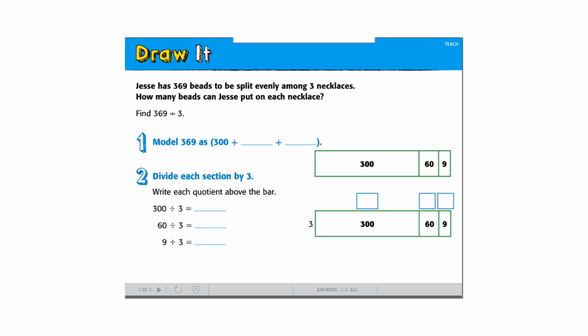So, one person in the room may want to draw pictures. If I gave you a question and said, I want one of you to draw a picture, I want one of you to do the standard algorithm and solve the problem, I want somebody else to do partial quotients, and I want someone else to use the distributive property, all 4 of those people should get the same exact answer. That's the point.